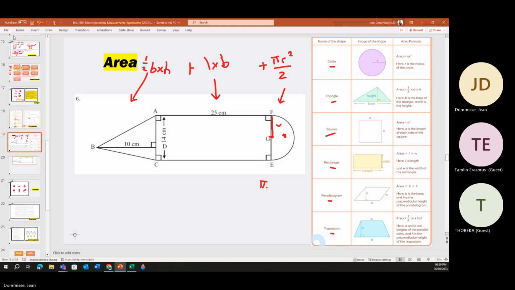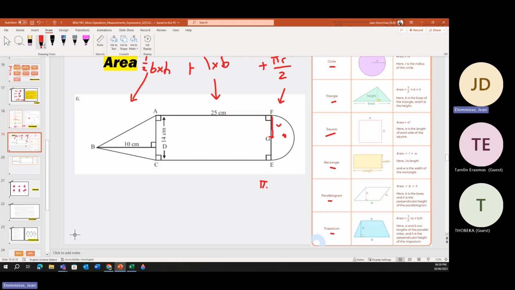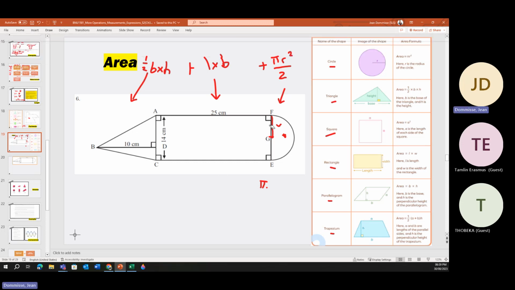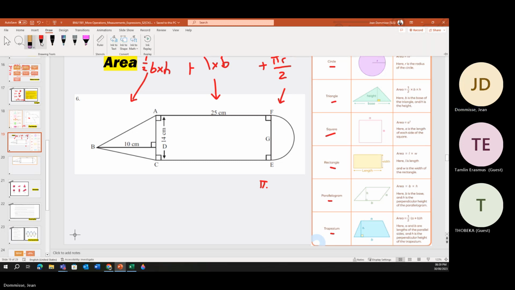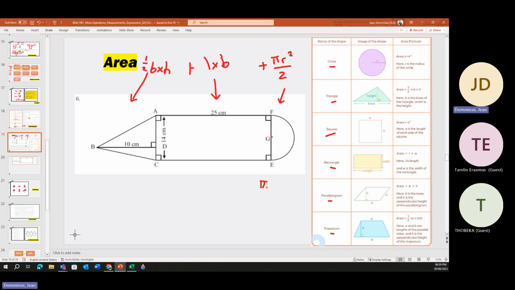Because I want to show you something else that they could have done. But please type a radius, and I want to show you something else. Okay, so the radius is basically the half of that length. We know that length is 14, so the radius is 7. Okay, so radius is 7.